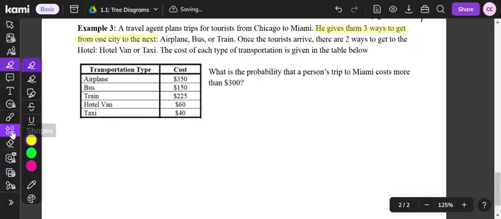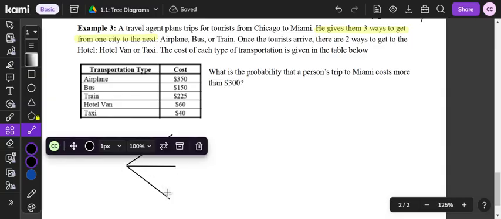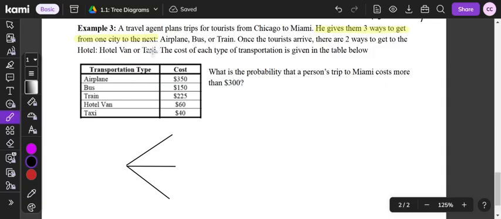Okay, so that tells me my first portion of my tree diagram should have 3 branches. So I'm going to have 1, 2, 3, just like that. Okay, and those 3 options are airplane, so I'll just put air. We have bus, or we have train.